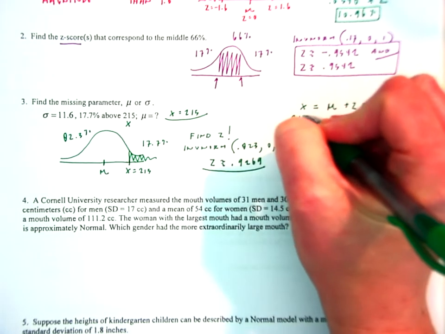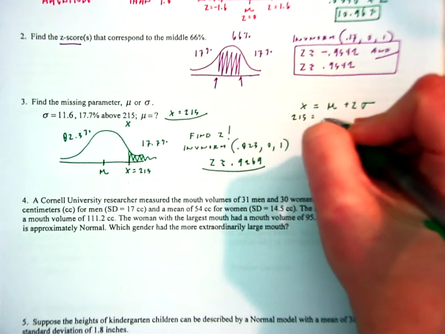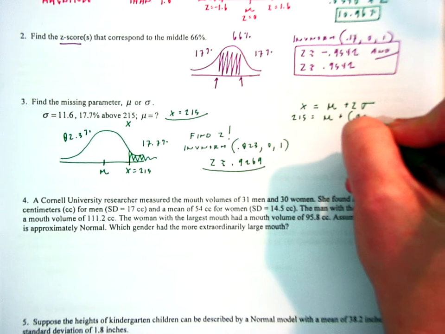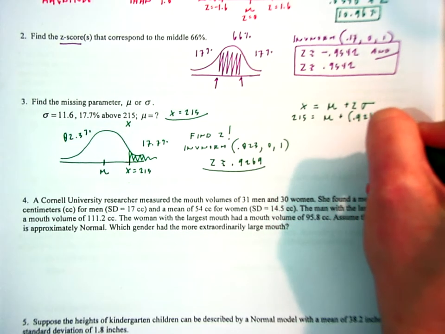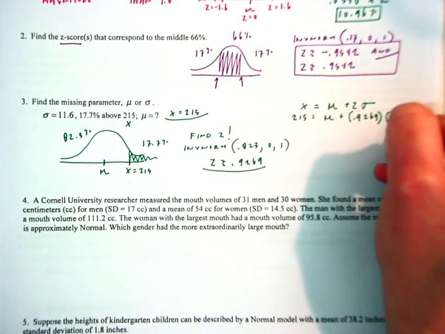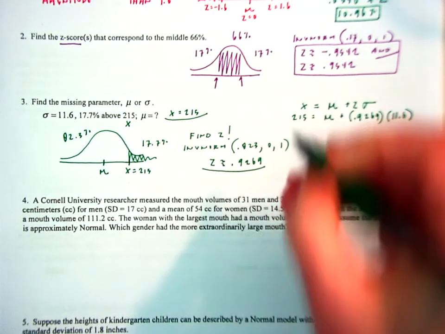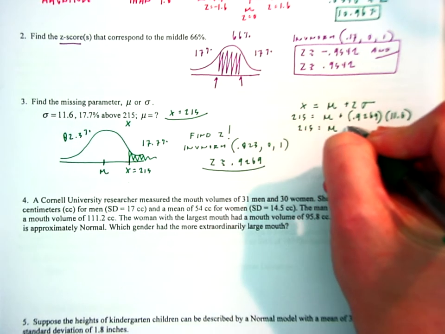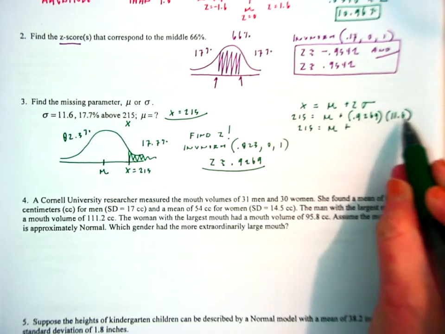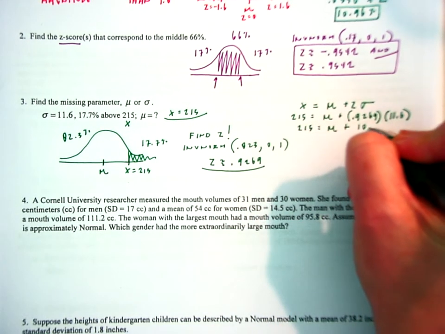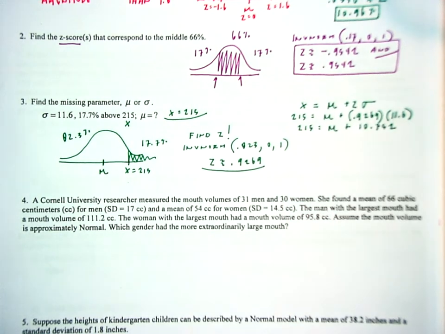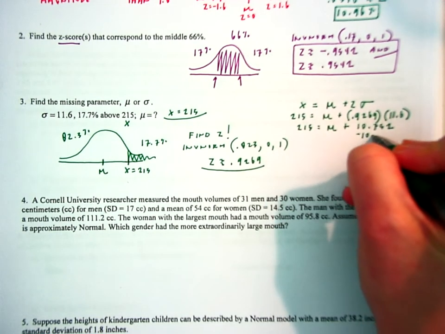So 215 is equal to the mean plus the z-score, 0.9269, times the standard deviation of 11.6. Okay, now it's an algebra problem. 215 equals the mean plus the product here is 10.752. Okay, take that 10.752 away from each side.